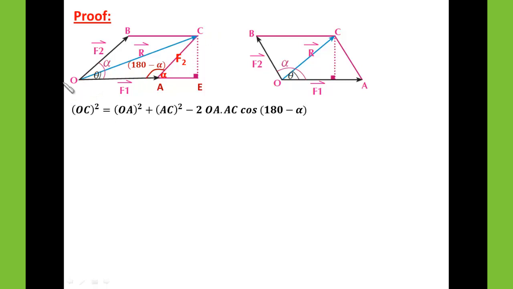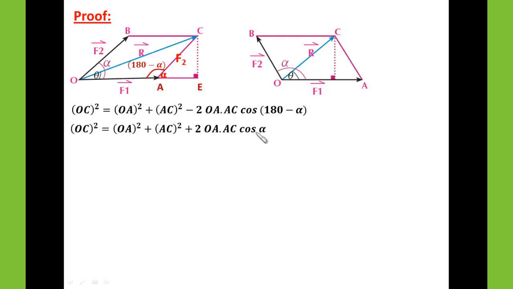OC squared equals OA squared plus the length of AC squared minus 2 OA dot AC multiplied by cosine of the included angle, cosine 180 minus alpha. So OC squared equals OA squared plus AC squared plus 2 OA dot AC cosine alpha. Note that cosine 180 minus alpha equals negative cosine alpha. Negative multiplied by negative equals positive.